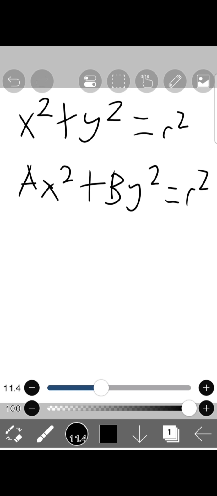Now you might be asking, why is there a coefficient beside x squared and y squared? I thought it is y minus k squared or x minus h squared.